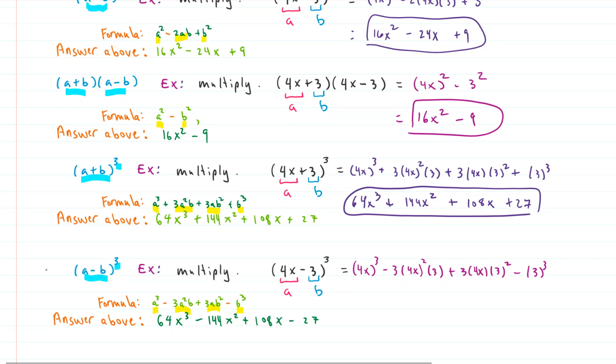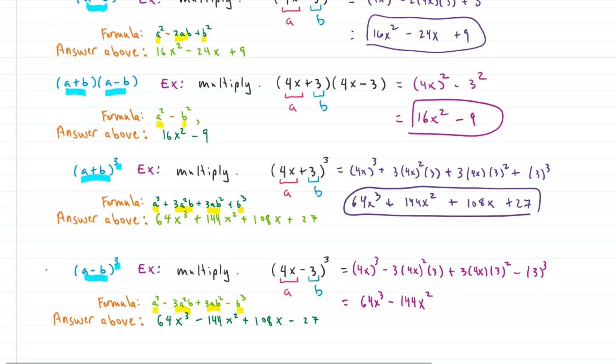All right, let's do some simplifying. We get 4x quantity cubed is 64x cubed. Our next term, 4x squared is 16x squared times negative 9 is negative 144x squared.